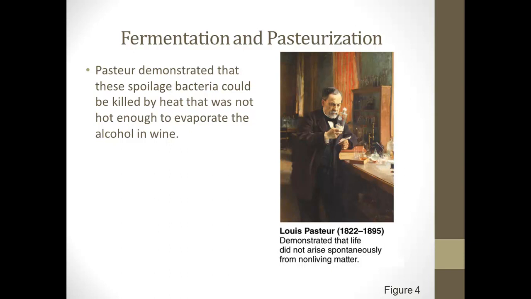So he recommended heating the wine enough so that it kills the spoilage bacteria. So this process was called pasteurization. So one of the things that we learned is processes or bacteria were named after the person that discovered it or came up with the process. So pasteurization is the application of a high heat for a short time. And we do this for milk, apple juice.